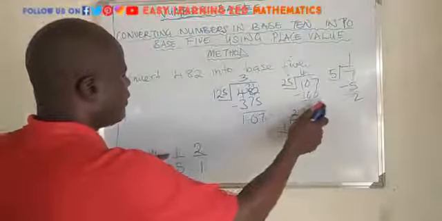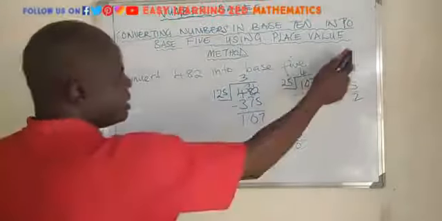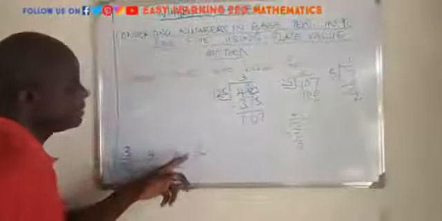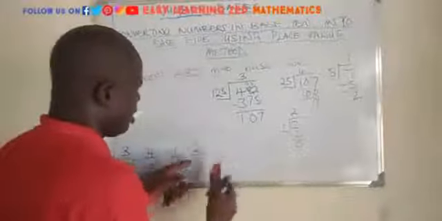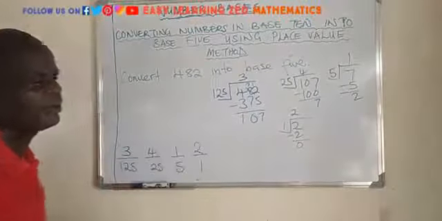Then this 7 we divide by the next place value, 5. It goes 1 time and remainder 2. Finally we divide the remainder 2 by the last place value, which goes 2 times. That's how I've gotten the answer.